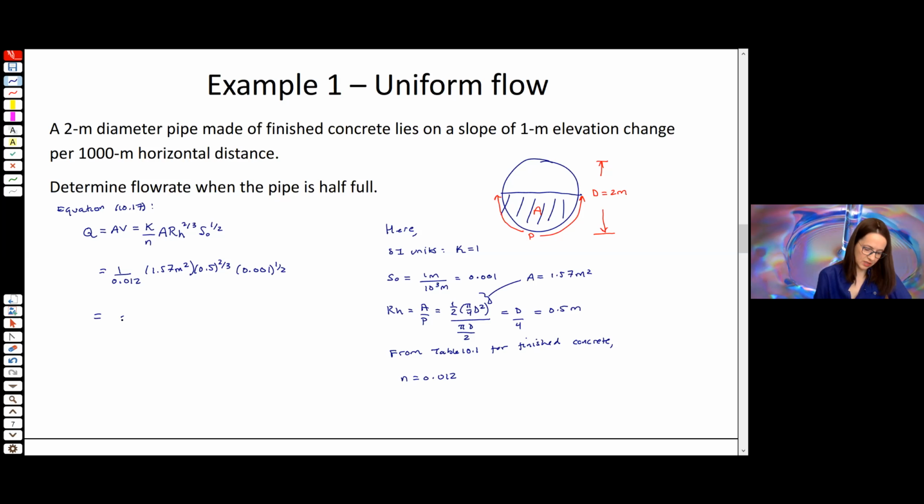And this gives us 2.61 meters cubed per second as the flow rate through this concrete pipe, right?